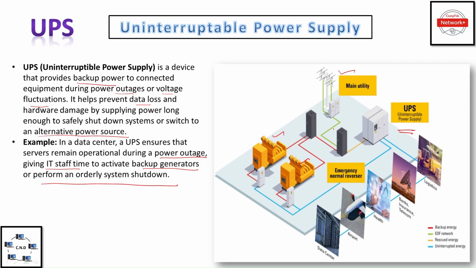And if there is a power disruption, let's suppose from the main utility, which is the primary source, UPS takes over and provides power backup. But UPS is mainly used for a limited time when there are some fluctuations. If the power outage is for a long duration, then the generators are started. For longer power backup, generators are used.